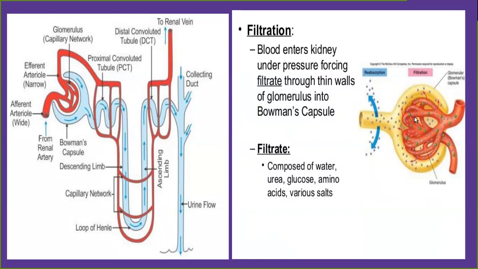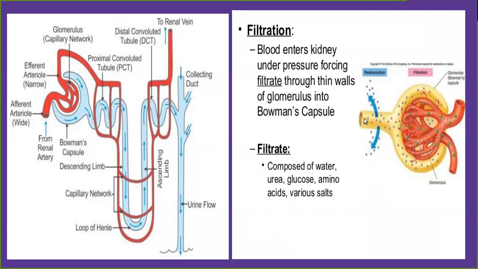Because of this high pressure, it forces a filtrate through the thin wall of the glomerulus into the Bowman's capsule. This filtrate contains water, urea, glucose, amino acids, and various types of salts. This is called the glomerular filtrate.